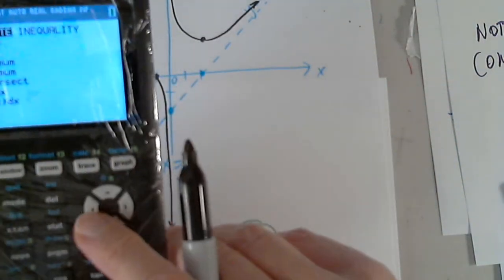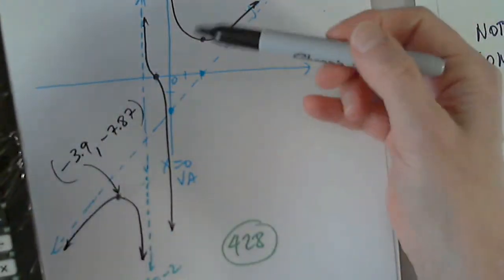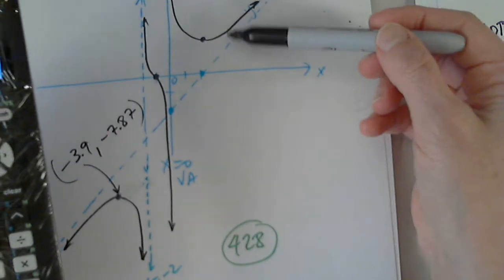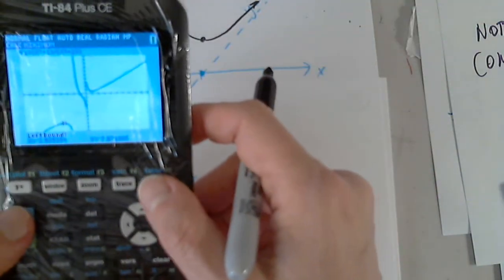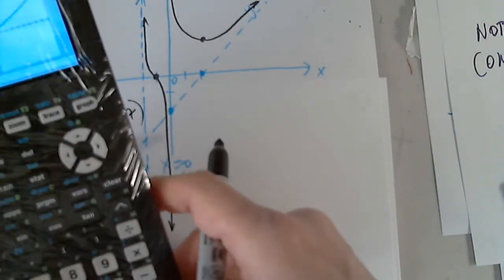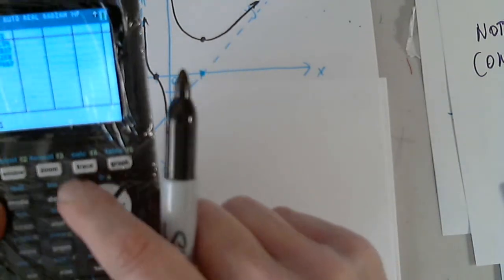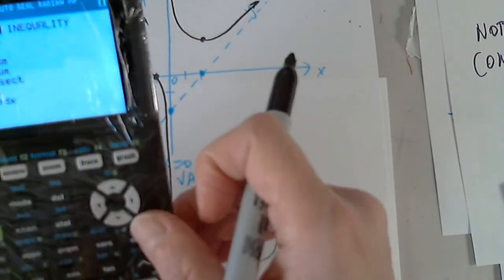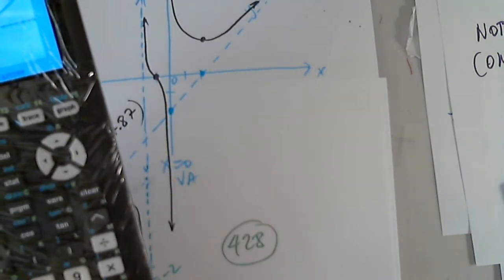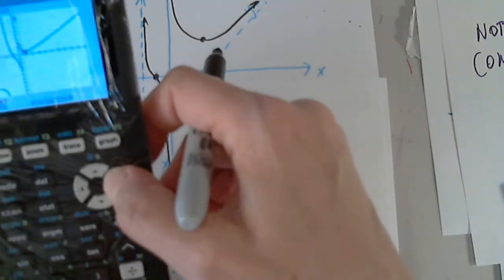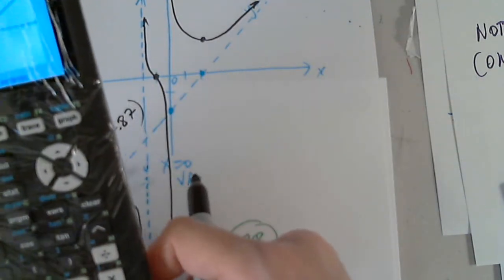And now I also have to determine the minimum to complete the graph. Second and calc. I want minimum now. And I know it's somewhere above 2. So I'm going to say between 1. No, it's probably exactly at 1. So I have to make sure, I'm going to say 0.5. And then I make sure it passes the minimum.